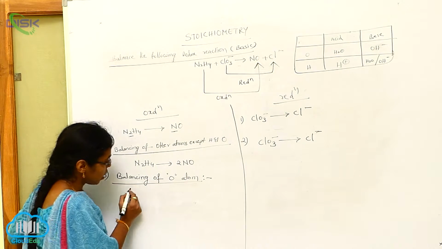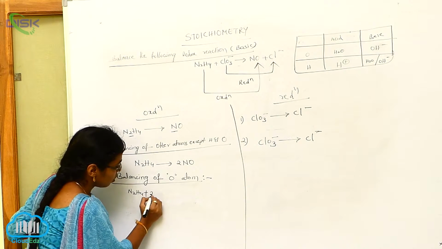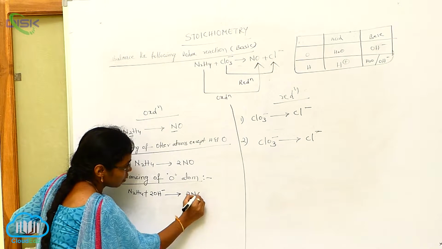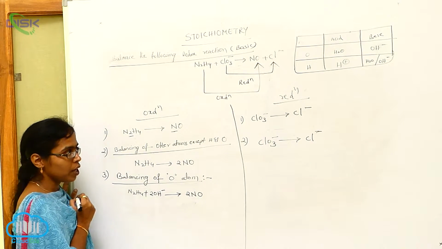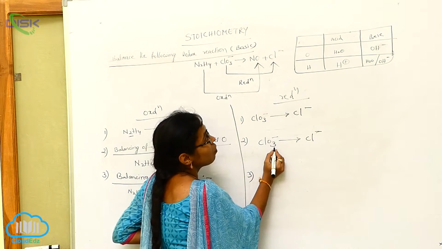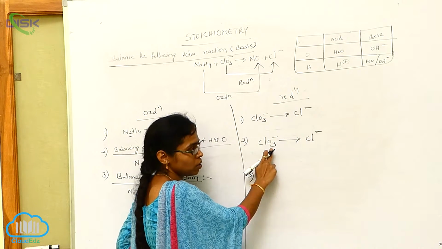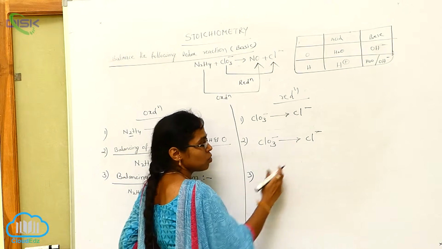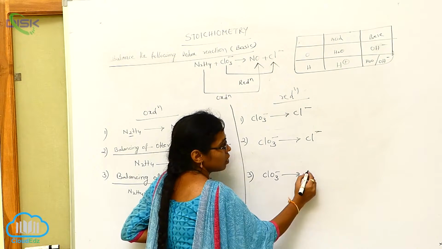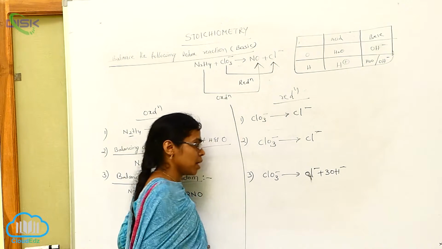No. So that's why you can write N2H4 plus 2OH minus gives rise to 2NO. Next, for the balancing of oxygen atoms in the basic medium you have to add OH minus. Here how many oxygen atoms? 3. Is there any oxygen atoms on the left? No. So compulsory you have to add 3 OH minus ions: ClO3 minus gives Cl minus plus 3 OH minus.